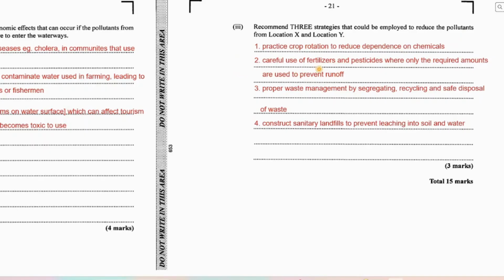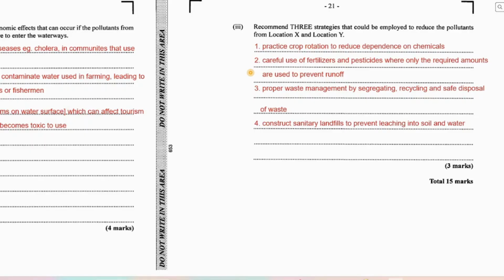2, careful use of fertilizers and pesticides where only the required amounts are used to prevent runoff. So if you use the required amounts and not spraying extra just to make sure, then the plants would be getting enough.